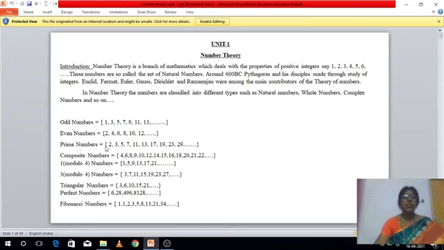The numbers which are not prime numbers are called composite numbers. Now we see the set of composite numbers: 4, 6, 8, 9, 10, 12, 14, 15, 16, 18, 20, 21, 22 and so on.